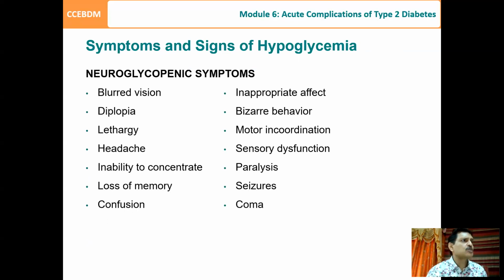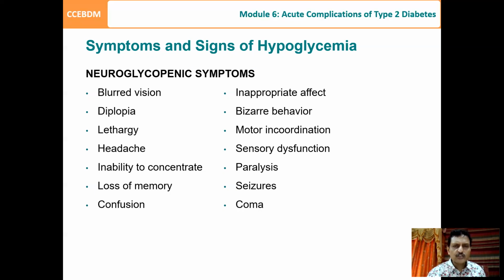There may be a possibility of neuroglycopenic symptoms, but this usually occurs when the hypoglycemia is quite severe and has gone below, say, 40 milligram or 35 milligram per deciliter. So blurred vision, diplopia, lethargy, headache, inability to concentrate, loss of memory, confusion, bizarre behavior, motor incoordination, paralysis, seizure, coma.